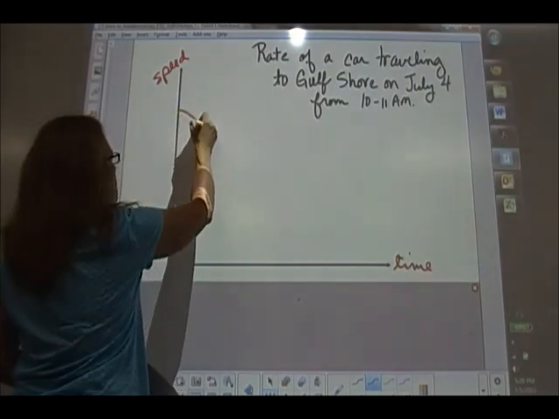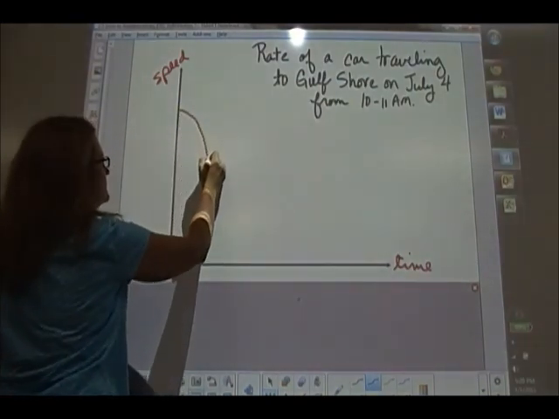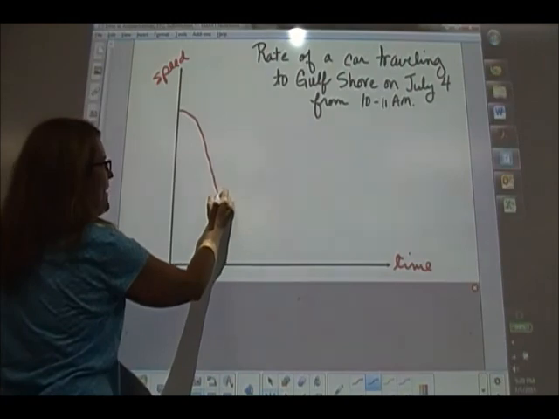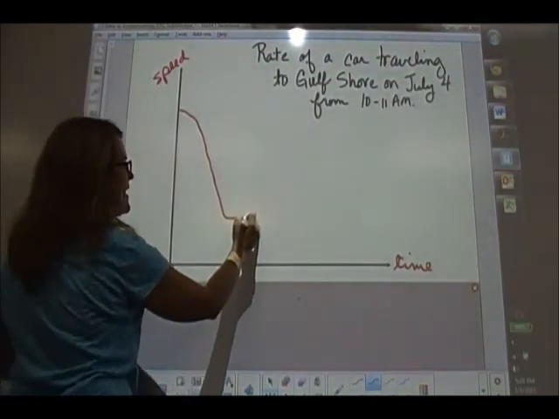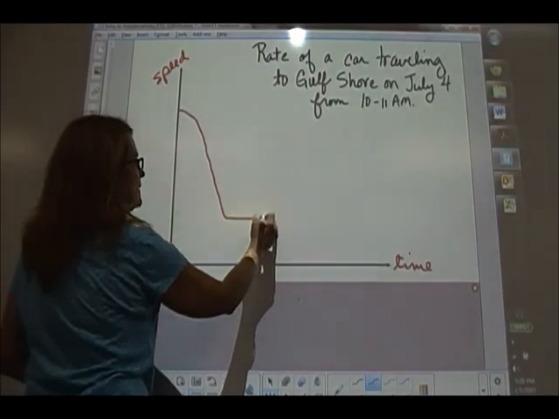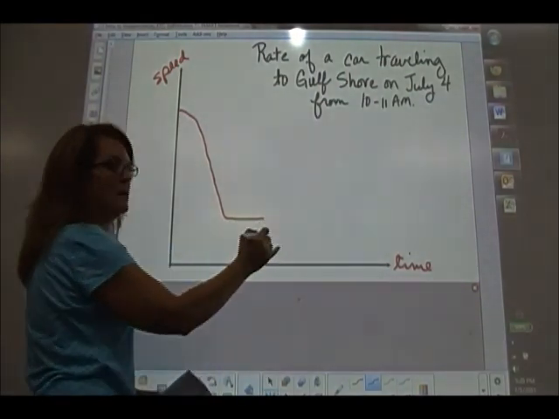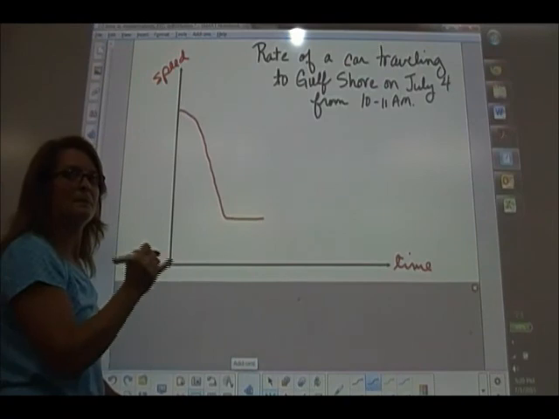So if I draw it this way, what's the car doing? Slowing down, because it's a rate, right? If I draw this, what's happening? Stop. Good. Everybody agree? No. Why not?